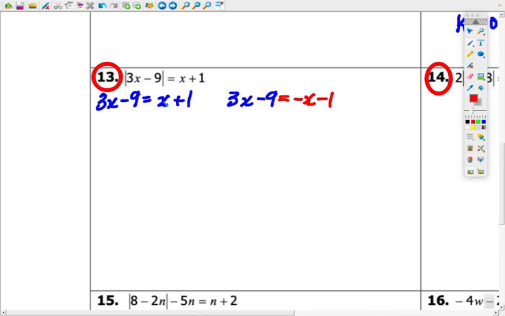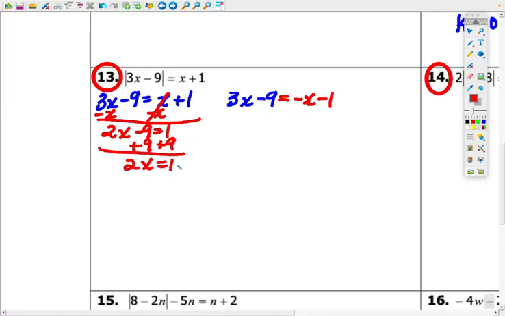Now, just simply solve both sides. Here, I'm subtracting my x. Add my 9. Divide by 2.